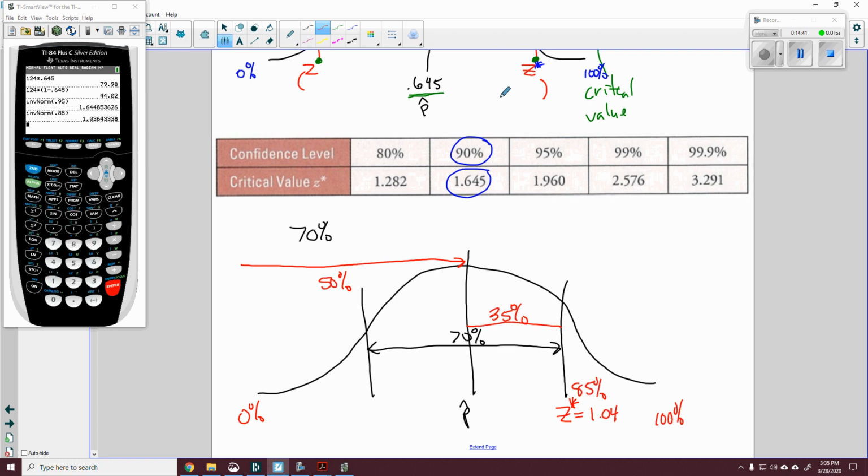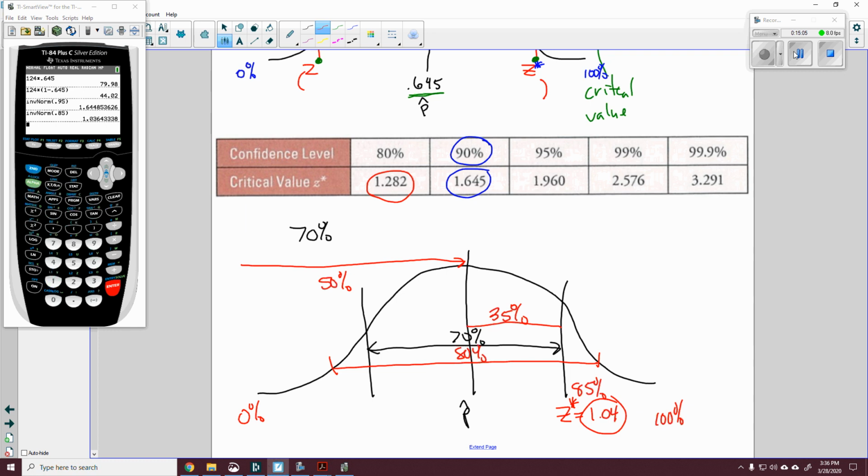It makes sense that this z-score is less than the one at the 90% confidence level, because 90% is going to be wider than 70%, and that gets me a critical value even bigger than 1.04.